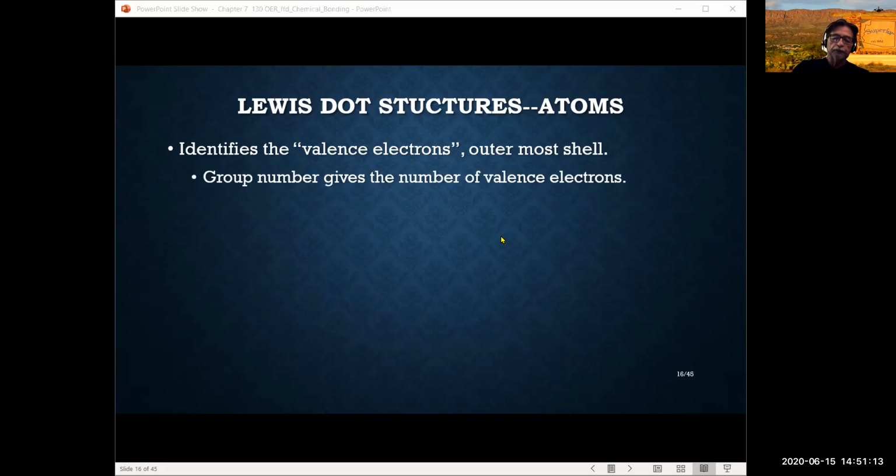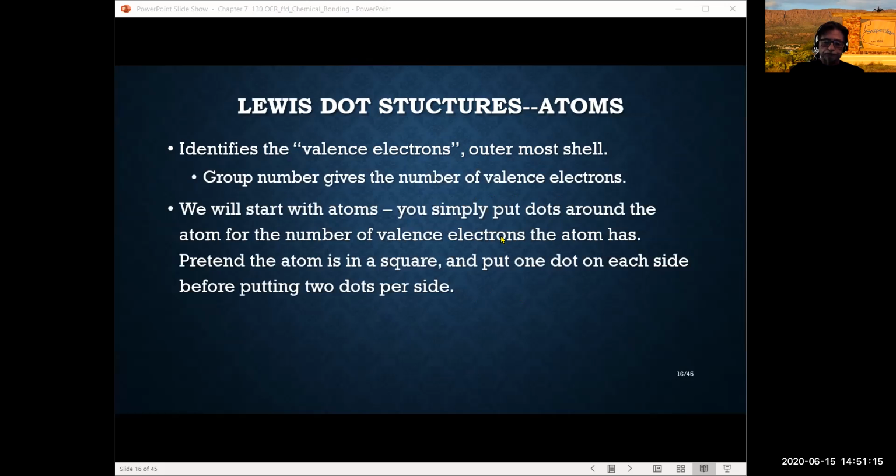All right. So now, why do we want to know this? Because we're going to start putting molecules together. And I said way back when, all the action in chemistry occurs with the valence electrons. So we need to know, when we put atoms together to make a compound, how many valence electrons each atom has, so we can start writing and putting formulas together.